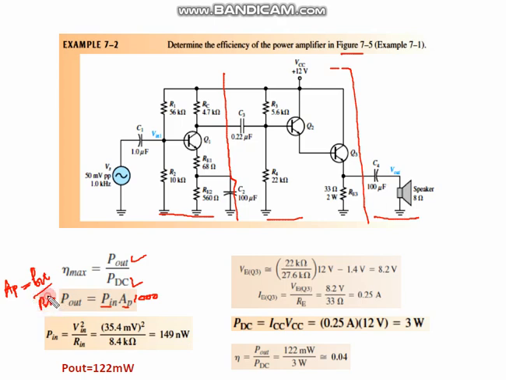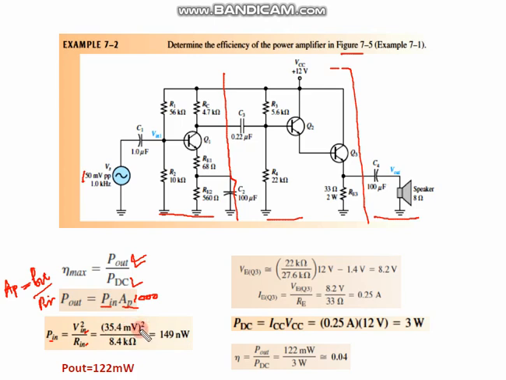I need to find P out because I'm interested in this value. AP is known from the previous part, and P in I need to find. By definition, P in is Vin squared divided by Rin. Vin is 35.4 millivolts. This is peak to peak, remember, so 50 millivolts times 0.707 gives you this value, 35.4.